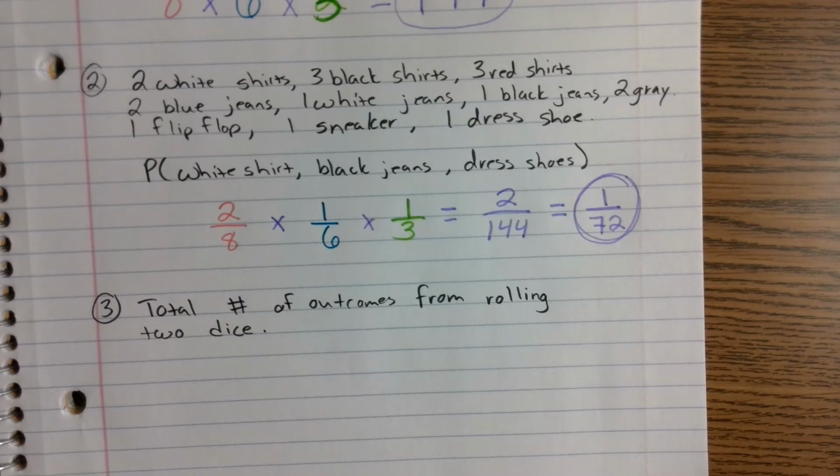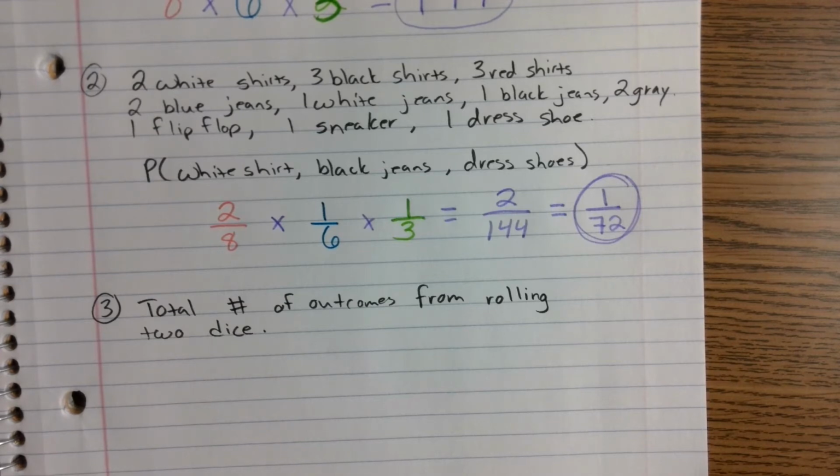Every year, people say, how much do you think? 12. Every year, they always want to say it's 12. But what is it really? 36. You have to multiply. The fundamental counting principle is a multiplication concept.